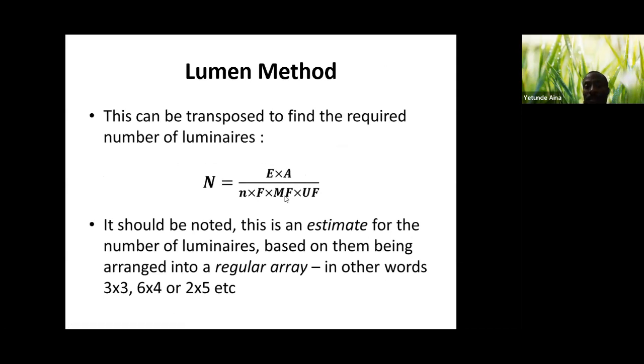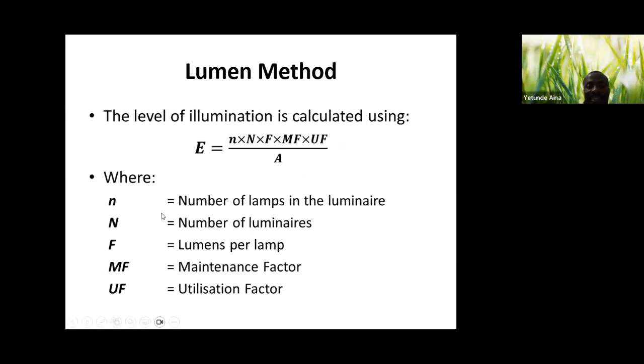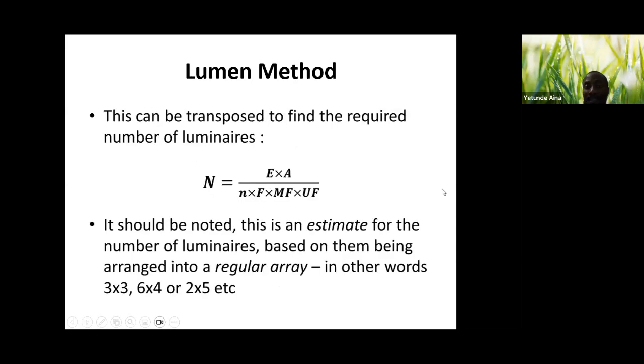Remember that your small letter n is the number of lamps in the luminaire, and your capital letter N is the number of luminaires that you want to calculate. Your F is the lumens per lamp, and your MF is the maintenance factor. Your utilization factor is your UF. And remember, A is the area, which is length times breadth.